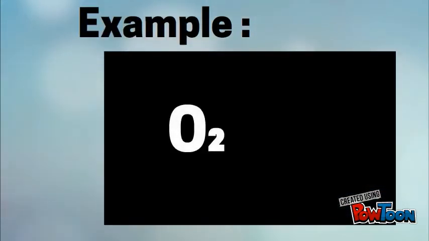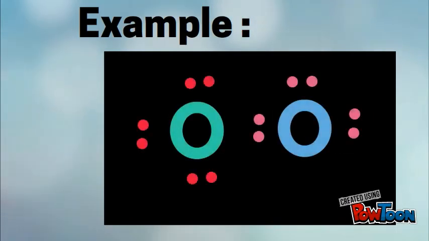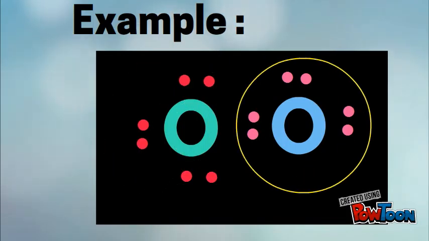For example, O2. If I follow all the rules and count all valence electrons, I have 12 valence electrons. If I fill the bond and complete the outer shells, I end up with this situation where I have the octet on one side while the other side is incomplete.